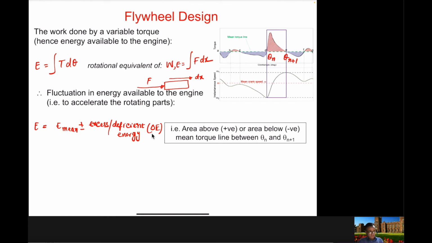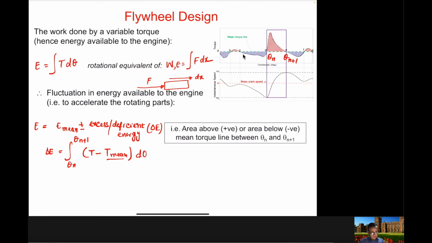So this is what we call delta E, or the energy, which will be the integral from theta n to theta n plus 1. And in this specific case, what we will do is just calculate this integral, and here we are subtracting T mean from the torque, because mean torque is our reference torque here.